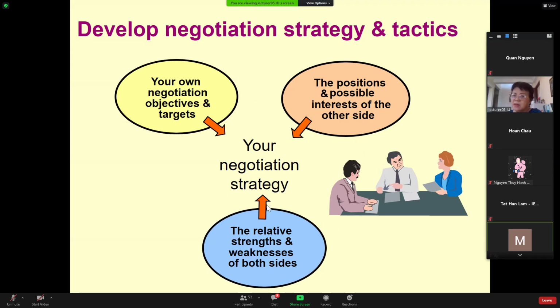So a successful negotiation is understanding your side and the other side and coming to the common interest.